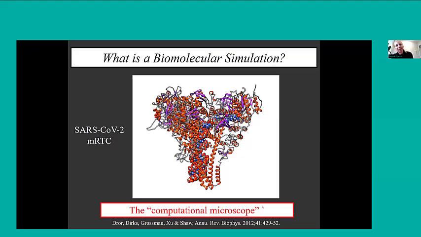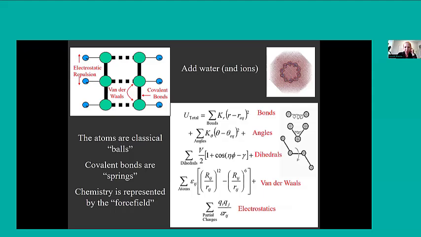Obviously, they're not perfect, but they are pretty good. Our force fields are so good that it's as if we had a computational microscope that can enable us to look in atomistic detail at biomolecules and see the way they move. And obviously, it's very difficult to watch the motion of the thermal vibrations of a biomolecular system experimentally. So the way you can do that is through computer simulation.